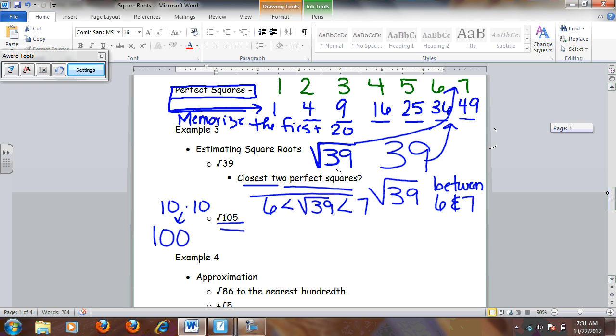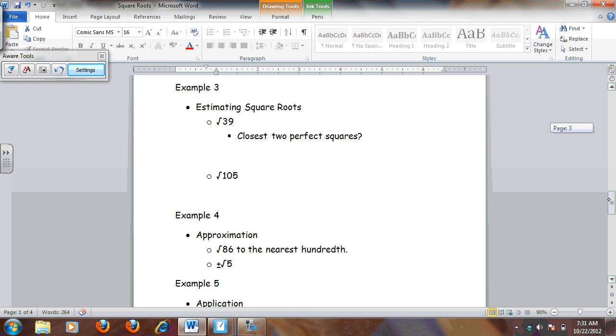So if that is below 105, then I need to go to 11 times 11, which is 121. So the square root of 105 is between 10 and 11. All right, 2 more quick ones.